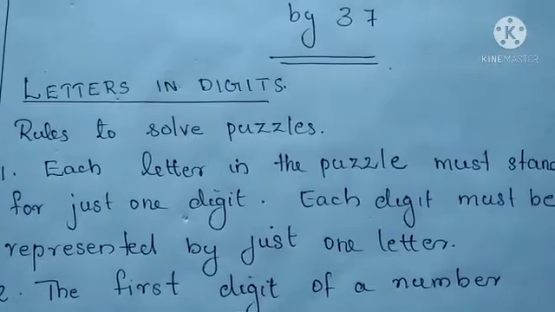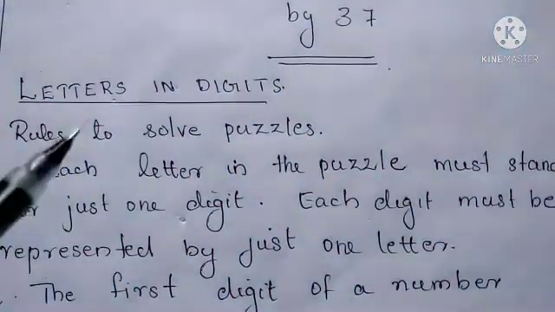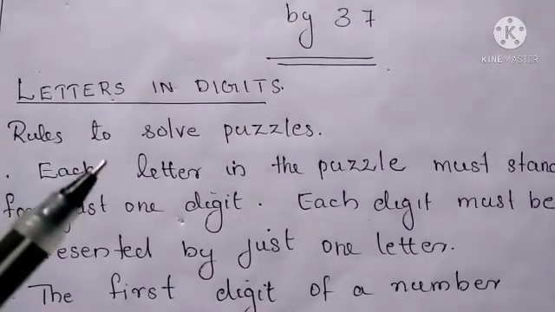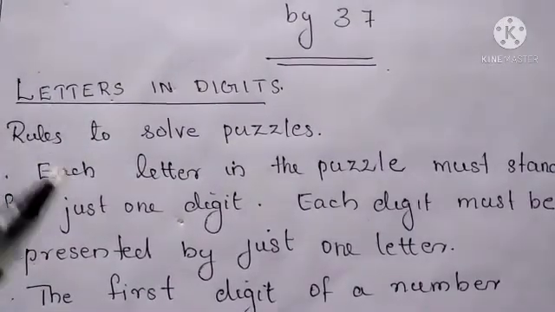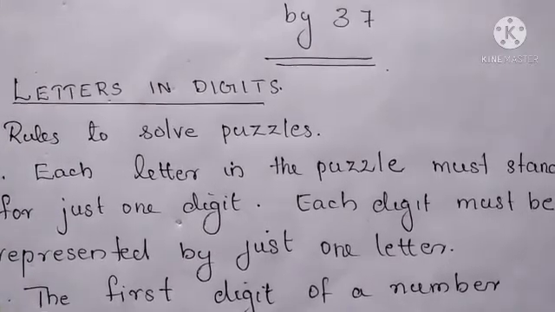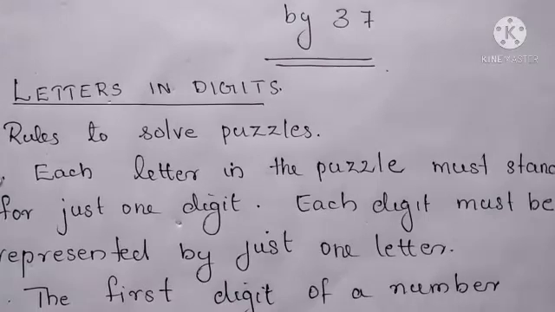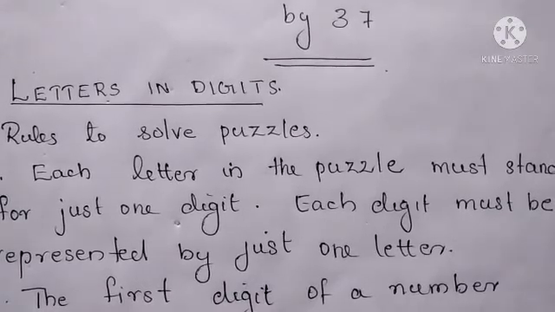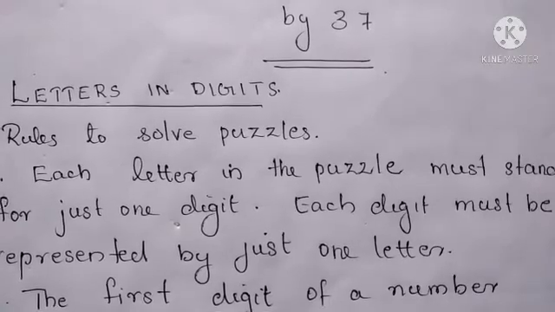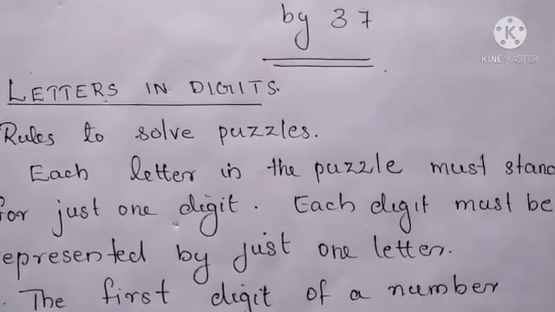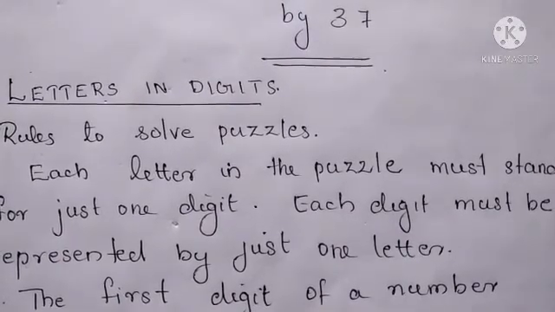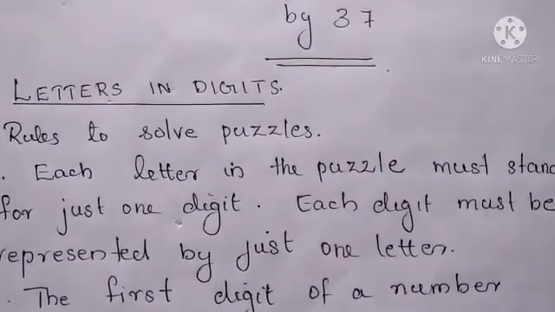Next section, letters in digits. Here, instead of digits, some letters will be in the question or puzzles. We have to solve those puzzles and find those letters. Here 2 rules are there. Each letter in the puzzle must stand for just 1 digit, and each digit must be represented by just 1 letter.